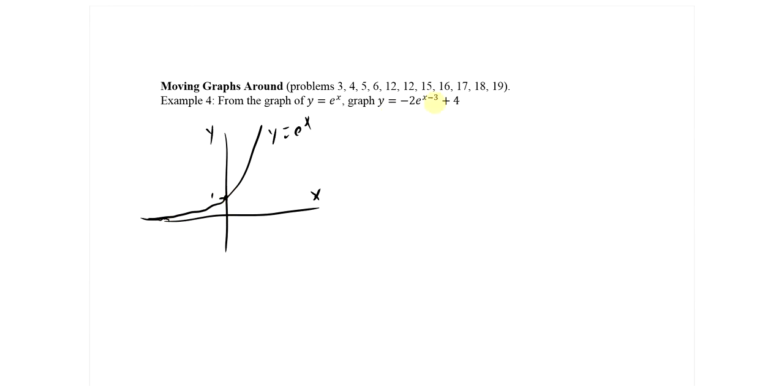So, to graph this, what's the first thing I want to do? First thing to do is move left to right. And there's my x minus 3 in the exponent. Before I do any calculations, I have to subtract 3 from my x. So x minus 3 means I'm moving right 3 units.